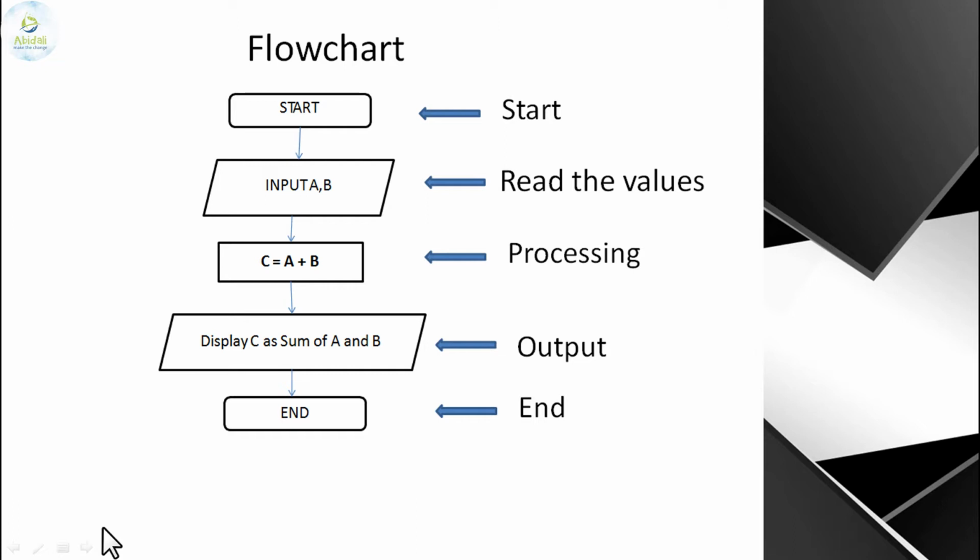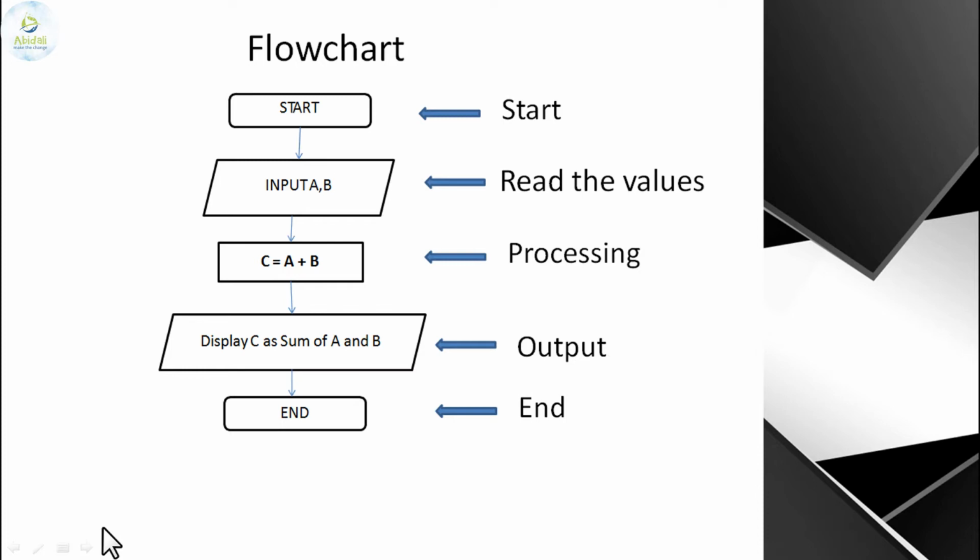When you write the algorithm, you say step number 1 start, step number 2 input a, b, step number 3 c = a + b, step number 4 display c or display sum of a + b is c, and then you say end. Like this, all these steps need to be represented with the help of certain shapes or diagrams.